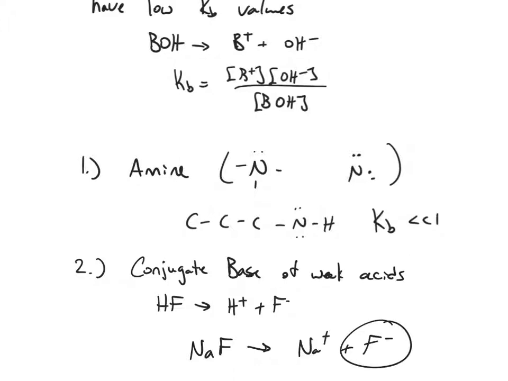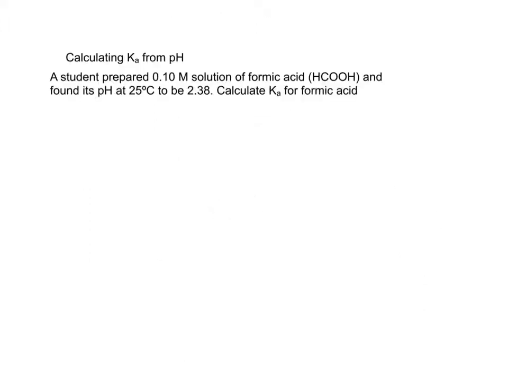The simple presence of F minus in the solution, because it's the conjugate base of a weak acid, HF being the weak acid, increases the pH, and it registers as a Kb value much, much smaller than 1, but it will register. So simply dumping in ionic crystals that have F minus in them, or the anion of a weak acid, basically means that you have a weak base.